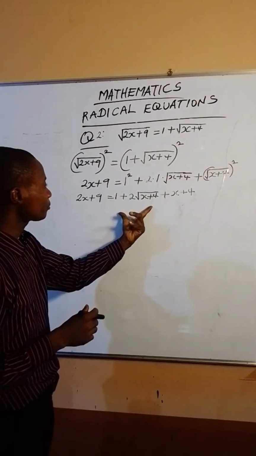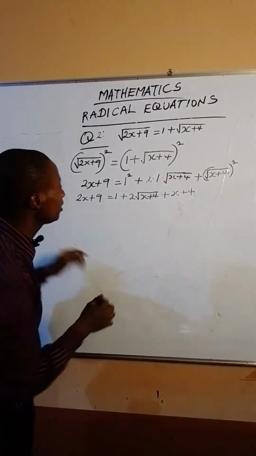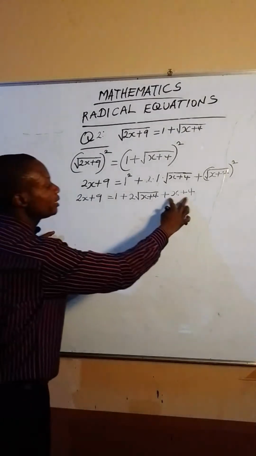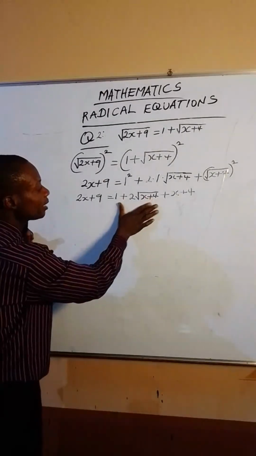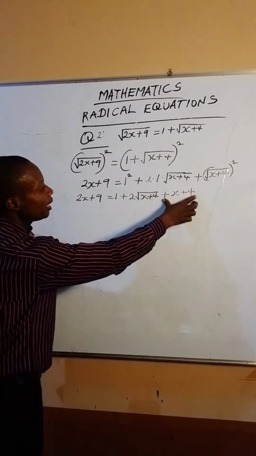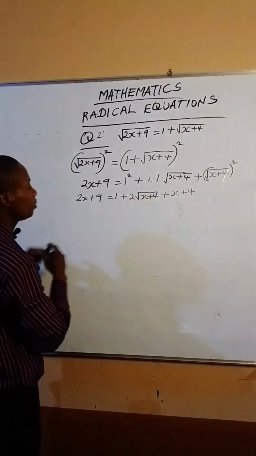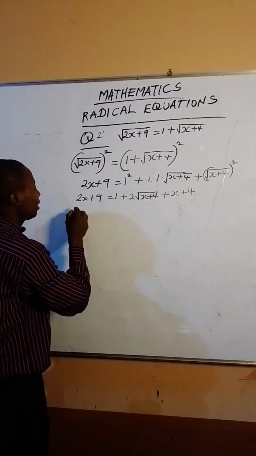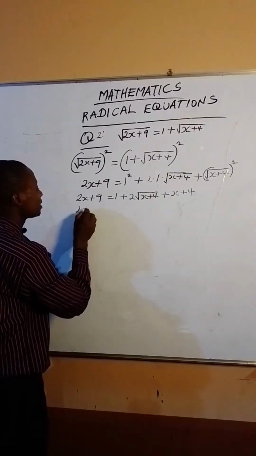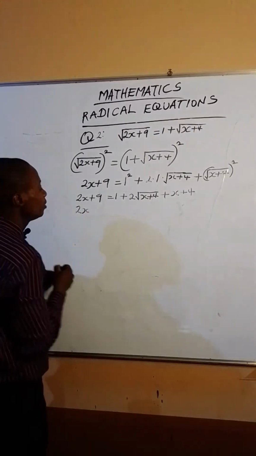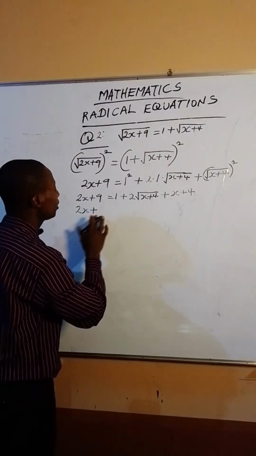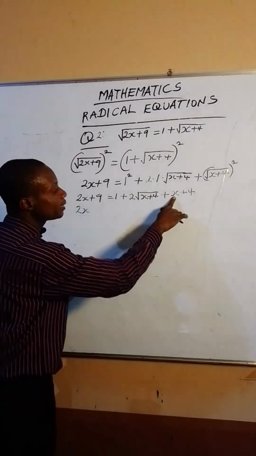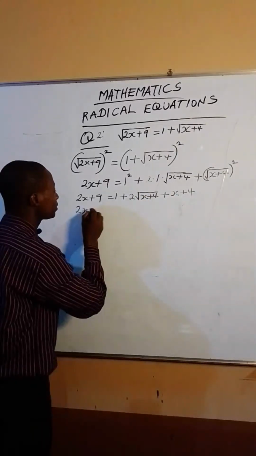Now, the next phase again is for us to isolate the radicals. We take out the radicals and let the radical be alone and let these ones be on their own. So it means we are going to have 2x plus, let's look at the 2x, this is x here minus x.